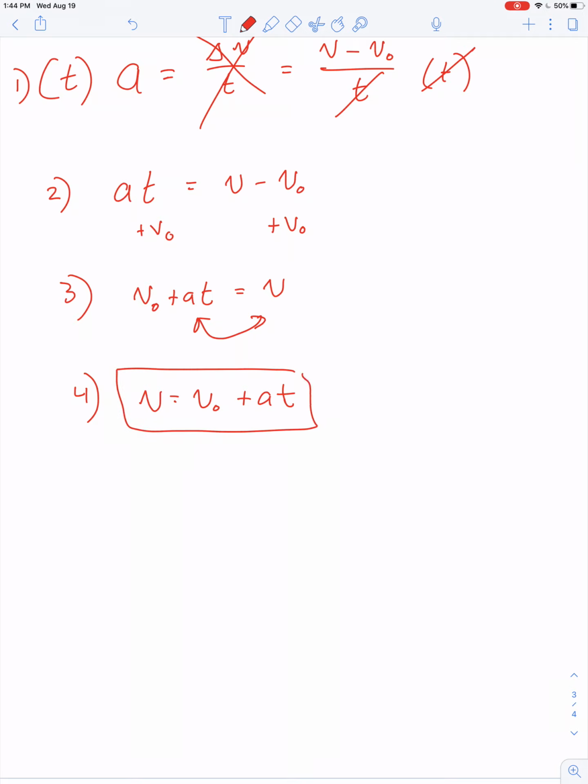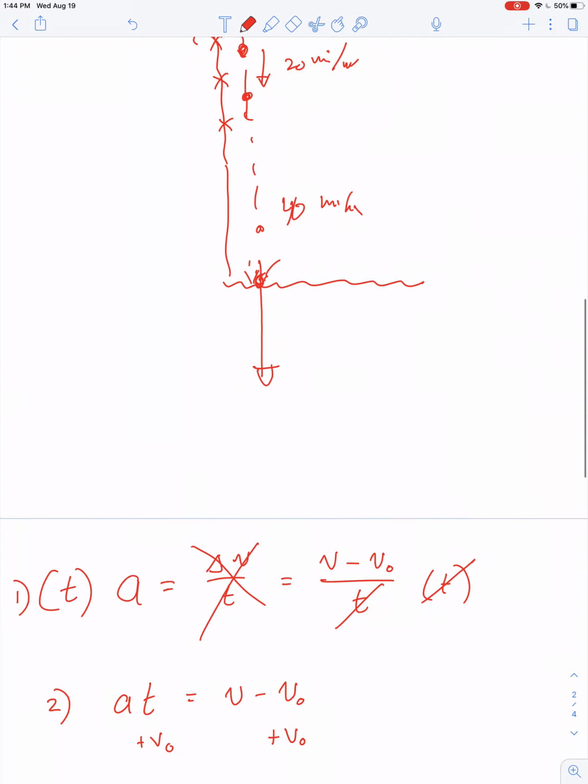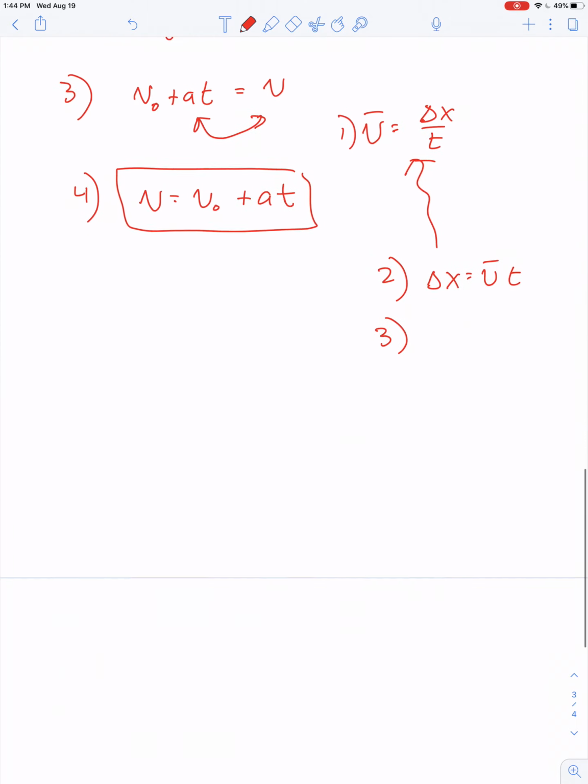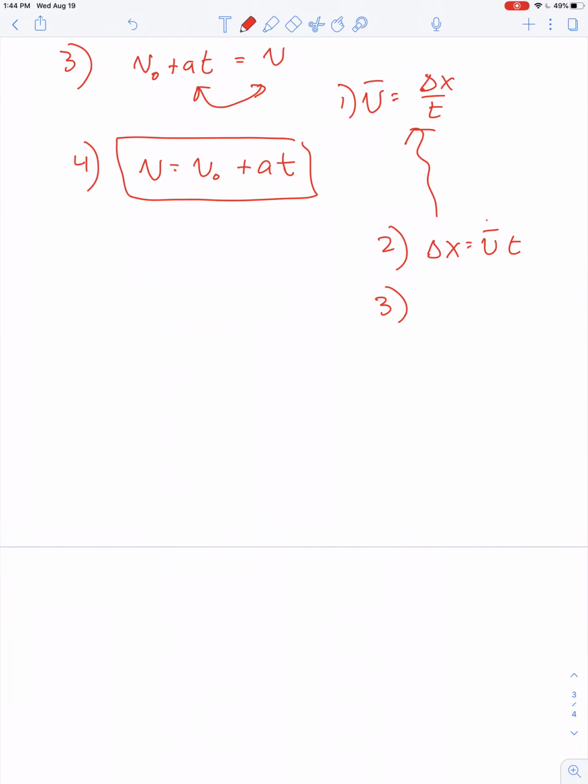So the first one we stated came directly from our definition of average speed, delta x over t. If I cross multiply both sides of that equation, I can get delta x equals v average times t. But because we're dealing in the world of uniform acceleration, v average can be calculated another way.